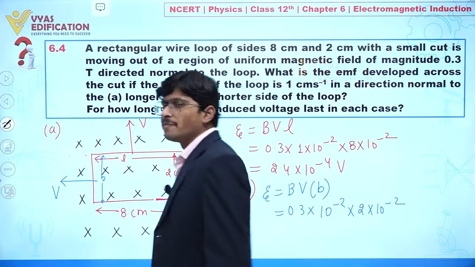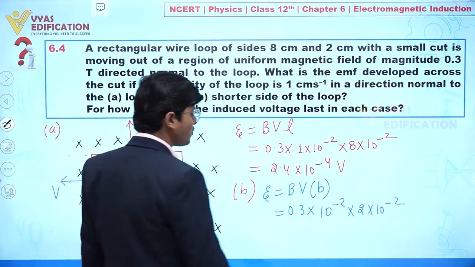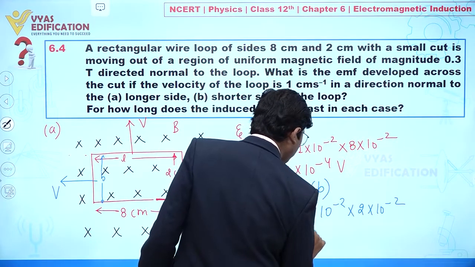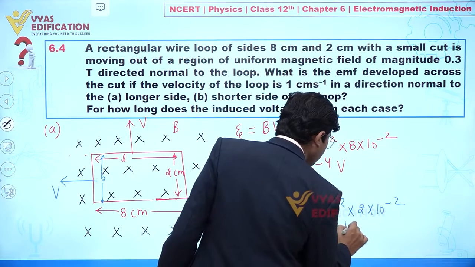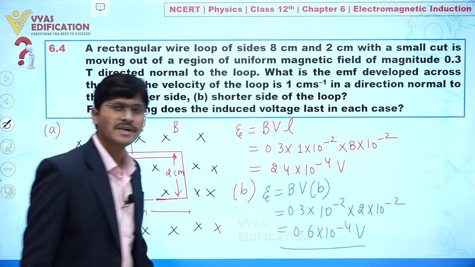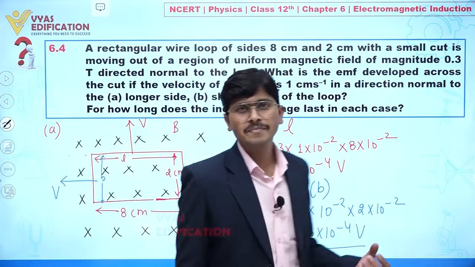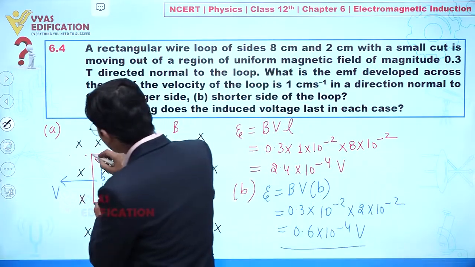So this is 0.6 into 10 to the power minus 4 volt. Clear to everyone? This is the induced EMF developed across this end.